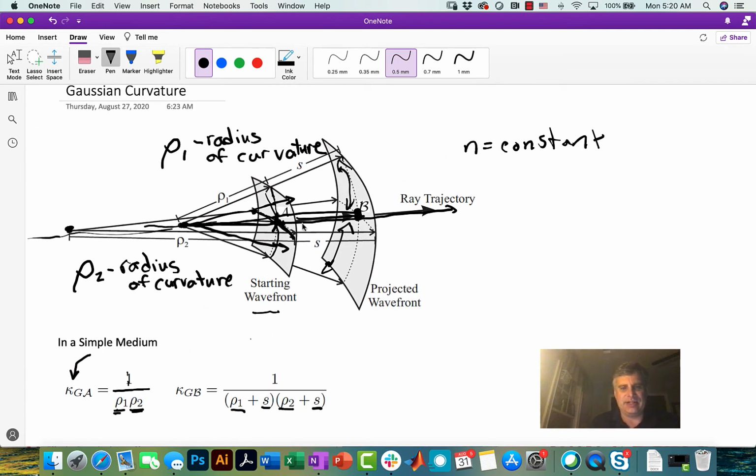Which makes sense, right? We're going that much further, so we now have to go back rho sub 1 plus s and rho sub 2 plus s to calculate that radii of curvature if we have a medium with straight rays. If we don't have a medium with straight rays, the amplitude function gets a little more complicated. I actually have to go back and calculate those integrals, the one that we had on the previous page.